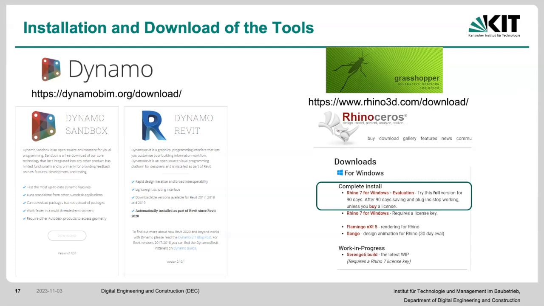If you download it within the next couple of weeks, you more or less have it till at least the end of January, so you would have it for the majority of the time that you would need it for this course. Okay, so with that being said, I take it that everyone has installed Revit.